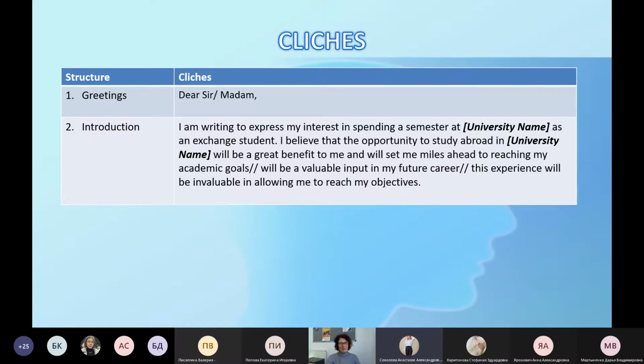And I also have a question, not directly related to the theme, but I think it's close. I see that when we are writing a motivational letter, we need to have three universities. But in case of a recommendation letter, do we need to have three in terms of academic mobility, not like a master's degree, or we just will be fine with one from our academic manager or something like this?